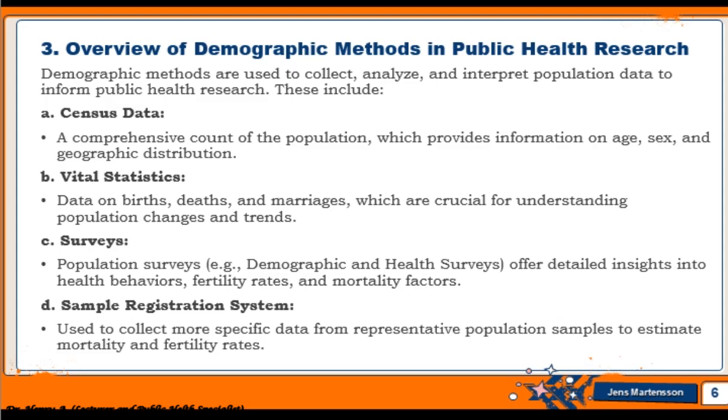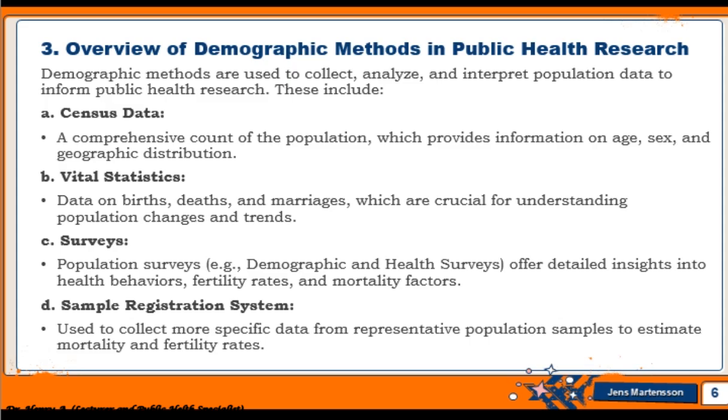The next method is survey. Under survey, you have population surveys such as demographic and health surveys. That's your DHS, demographic and health surveys, because they provide detailed insights into health behavior. They provide detailed insight to fertility rates, mortality factors, and access to healthcare services. So we know how many persons in this community have been accessing the public health centers when we carry out our survey.